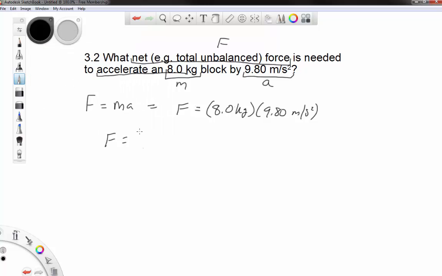So this is 78.4 kilogram times meters per second squared. And this unit, kilogram meters per second squared, is the same thing as the unit newtons. So our force is 78.4 newtons.